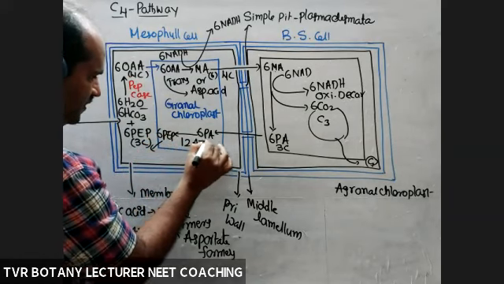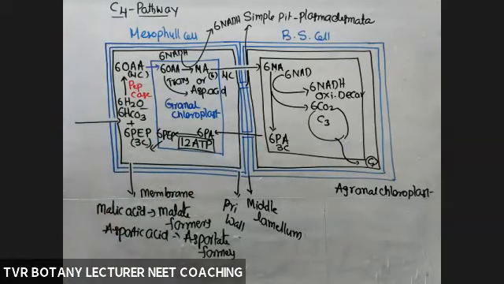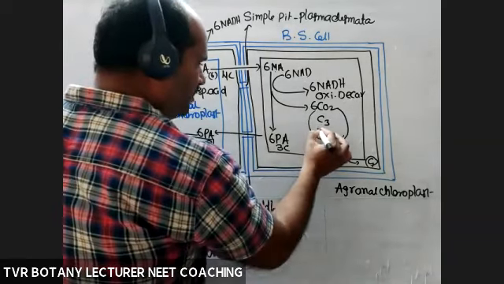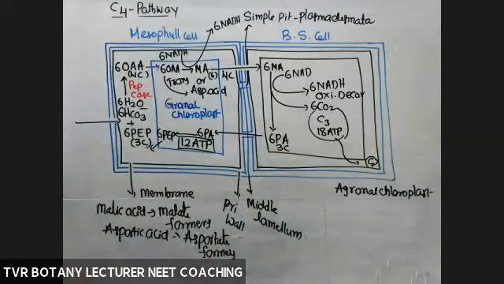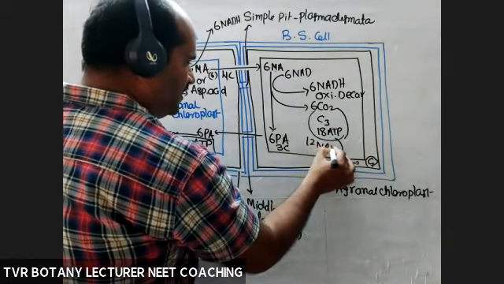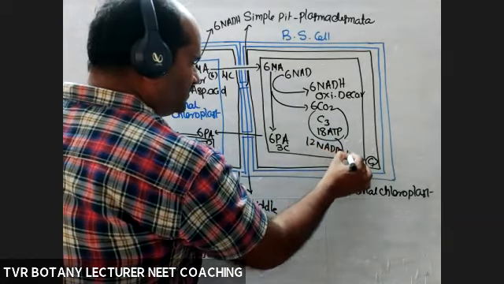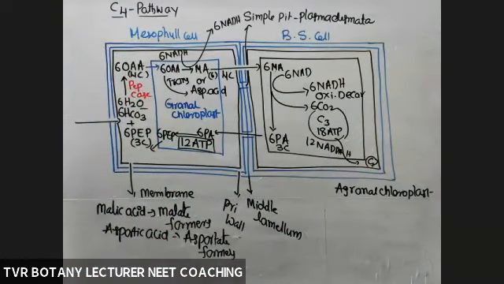Remember this one. 12 molecules of ATP. So in the regeneration phase of PEP, what about the number of ATP molecules consumed? 12 ATP molecules. Here how many ATP molecules? 18 ATP molecules. And 12 molecules of NADPH. So 18 plus 12, how many ATP? 30 ATP molecules consumed.